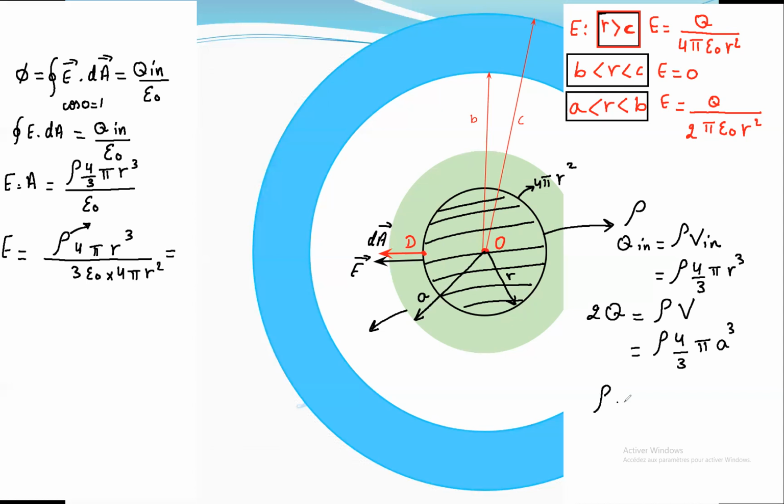So rho equals, we have 2 and 2, okay, equals 3 times 2 times Q divided by 4 pi a cube, which is equal to 3 over 2 Q over pi a cube.